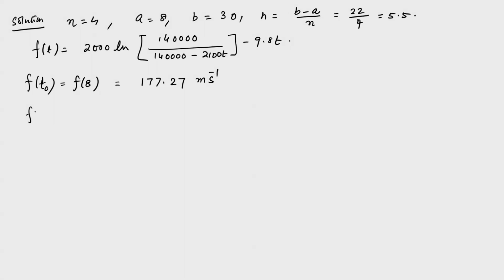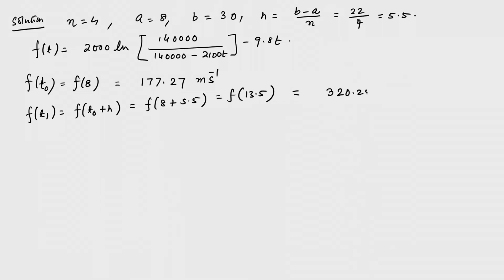Now, t 1 is simply t 0 plus h, which is 8 plus 5.5, which is equal to 13.5. If you calculate f at 13.5, this comes out to be 320.25 meters per second.